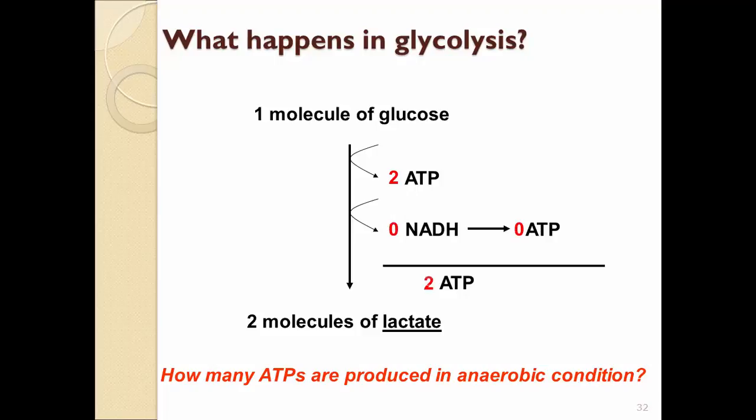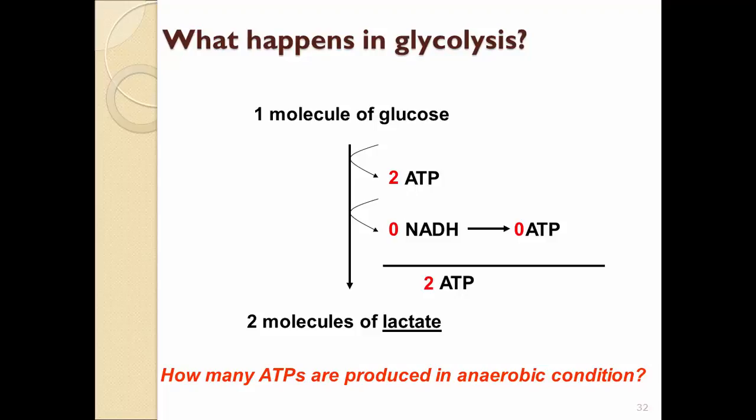So you produce 2 ATPs under anaerobic conditions, for example, in red blood cells. You will expect just 2 ATPs produced through the glycolysis pathway. And again, the final product is lactate. If you compare this to the brain, which is always able to completely oxidize glucose, we will consider the aerobic conditions.